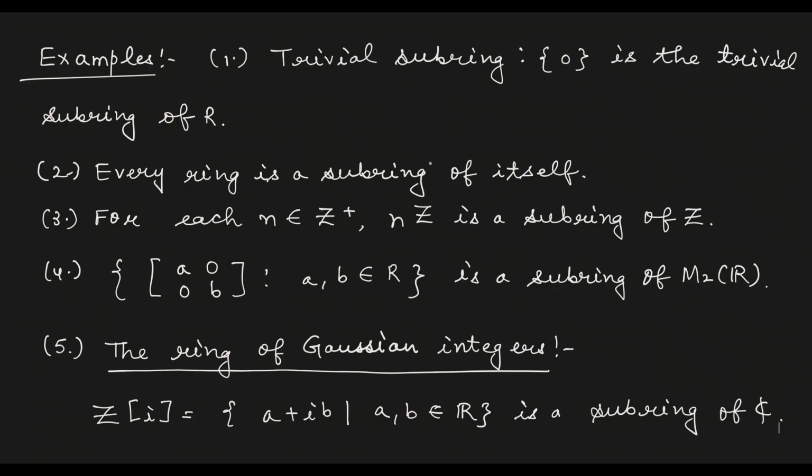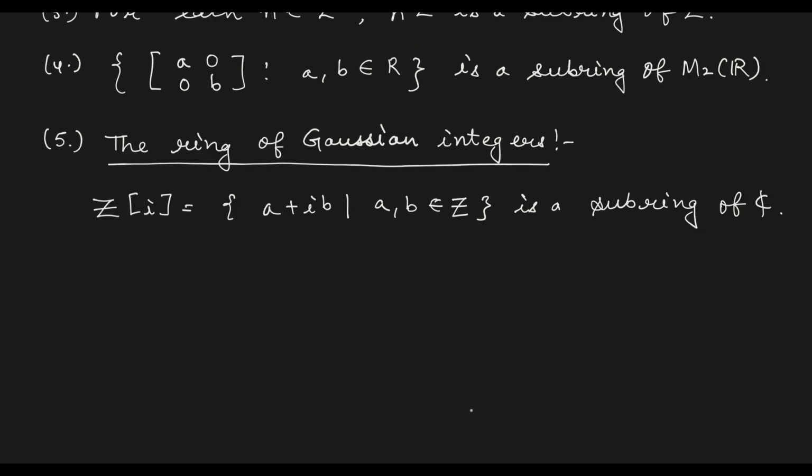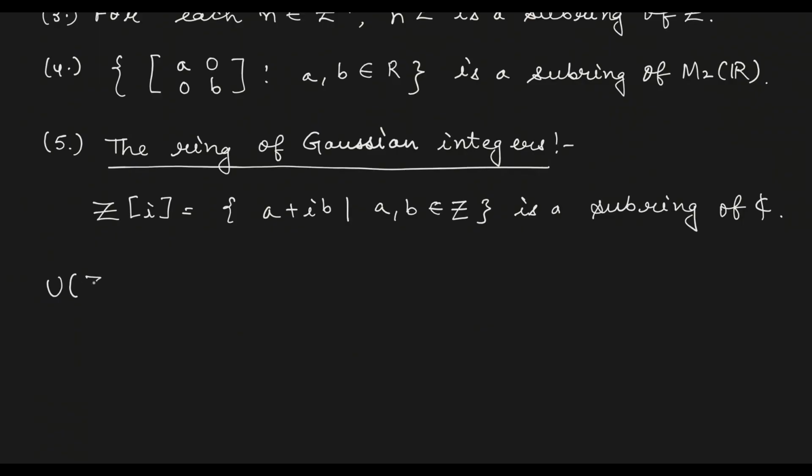Here a, b belongs to integers. And units of Z[i] are 1, minus 1, i, minus i.